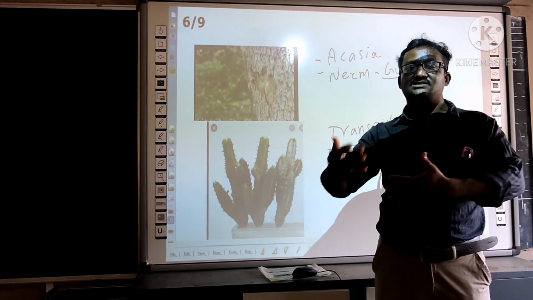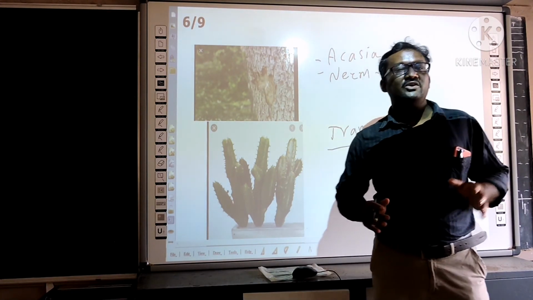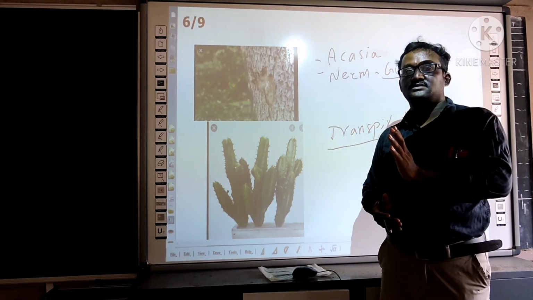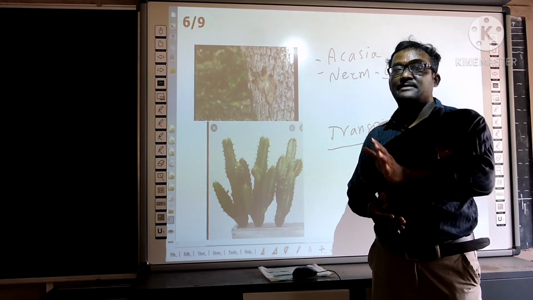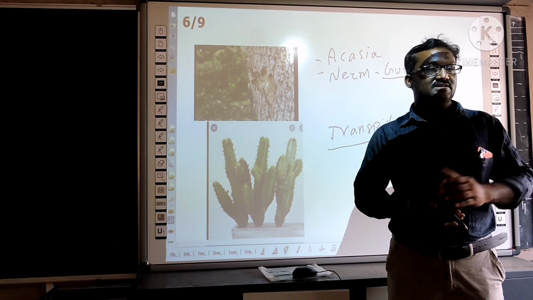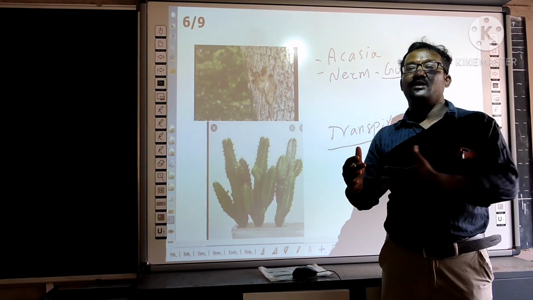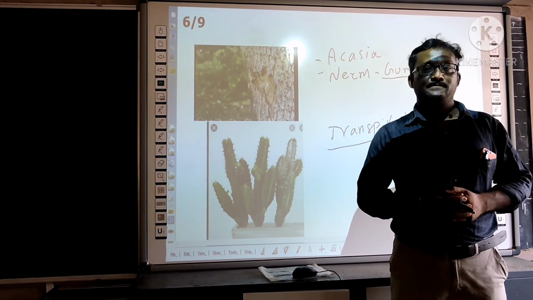These are several functions performed by dermal tissue. So till now you have learned about these two types of tissues, meristematic and dermal tissue. Meristematic tissue is responsible for growth and repair. Dermal tissue is responsible for various functions like preventing transpiration, preventing invasion of pathogens, photosynthesis, absorption of minerals, etc.